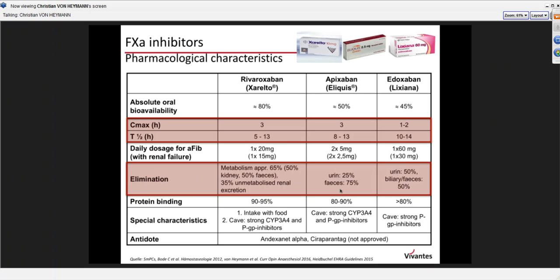So also for the factor Xa inhibitors, renal dysfunction, renal failure plays a role, and these patients are definitely patients which have a risk to accumulate this drug and may therefore, in terms of surgery and in the perioperative setting, have some risk of bleeding, and you should take this into account when you schedule these patients for the surgical procedure.